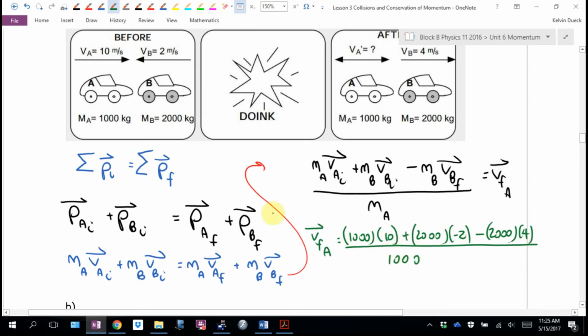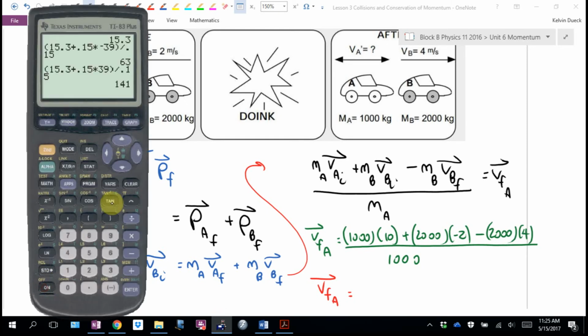How fast is car A moving after this is over? We're going to go magnitude and we'll go a direction. Which way did we let be positive? Left or right? Right. Okay, so if we get a positive answer it's to the right, if we get a negative answer it's to the left. Is this a fraction? More than one thing on the top, brackets around the top.